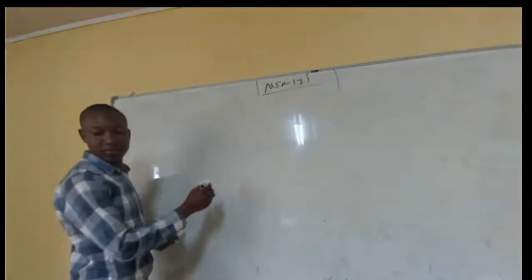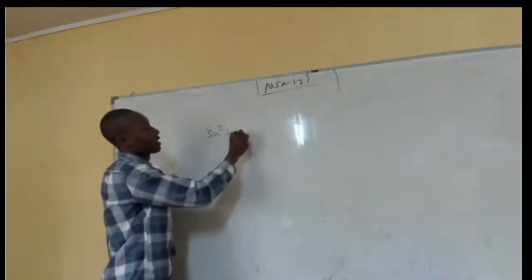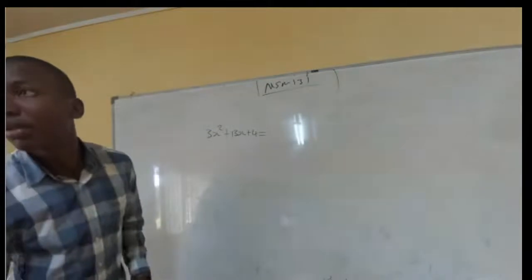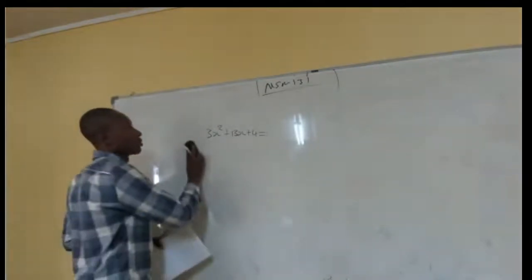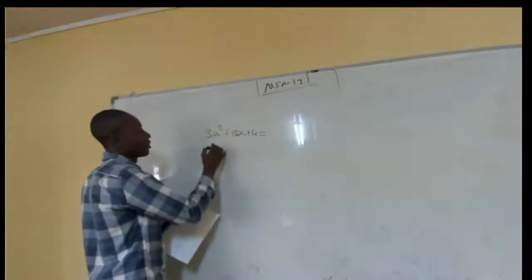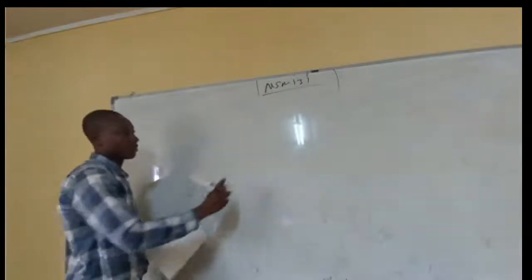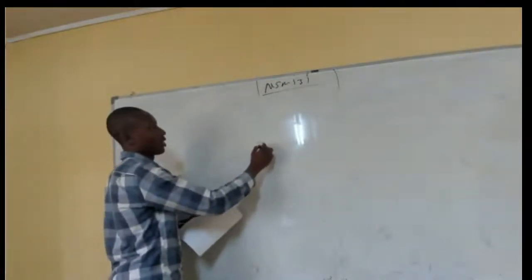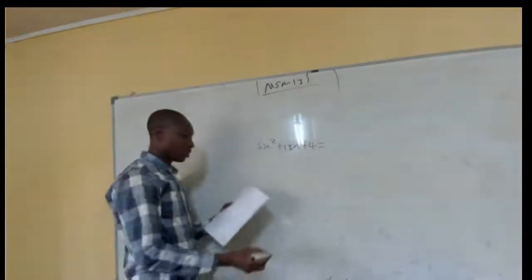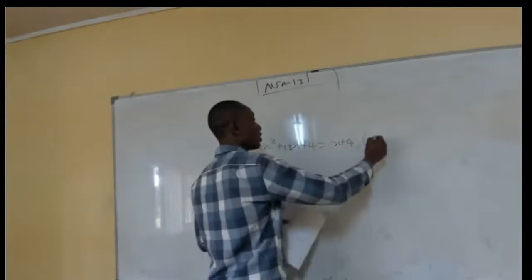It says 3x squared plus 13x plus 4 is equal to x plus 4 multiplied by some polynomial.